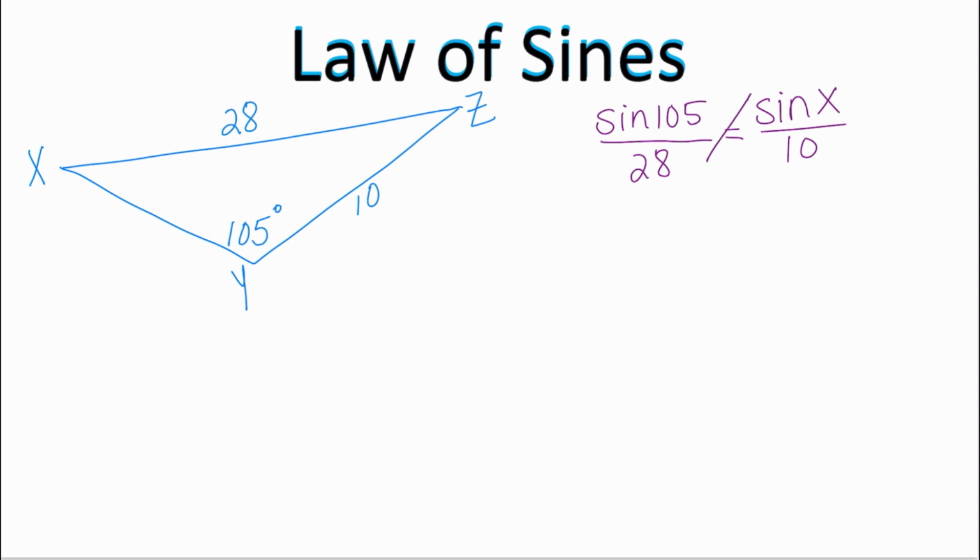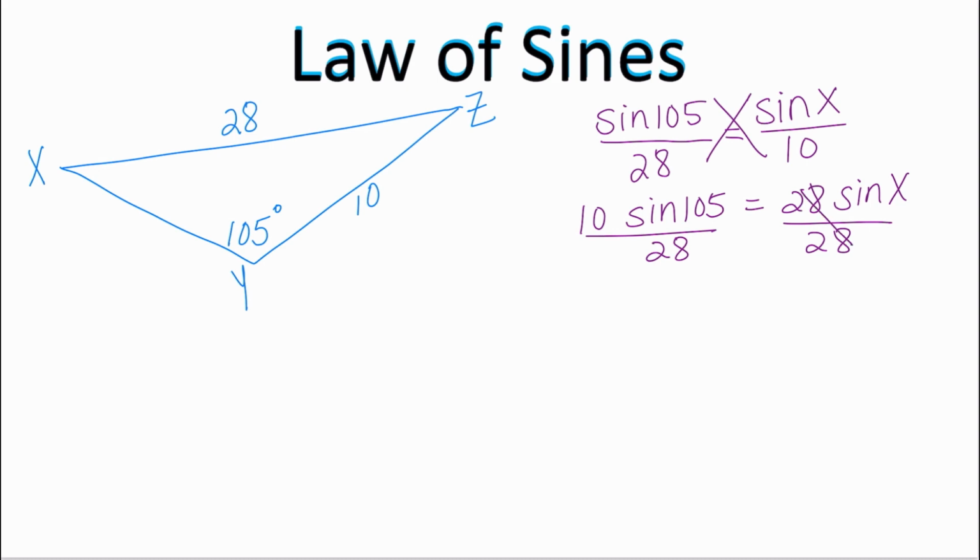So now we're going to cross multiply. We get 10 times the sine of 105 is equal to 28 times the sine of x. We're going to divide both sides by 28. So take your calculator, do 10 times the sine of 105. Go ahead and divide that by 28.